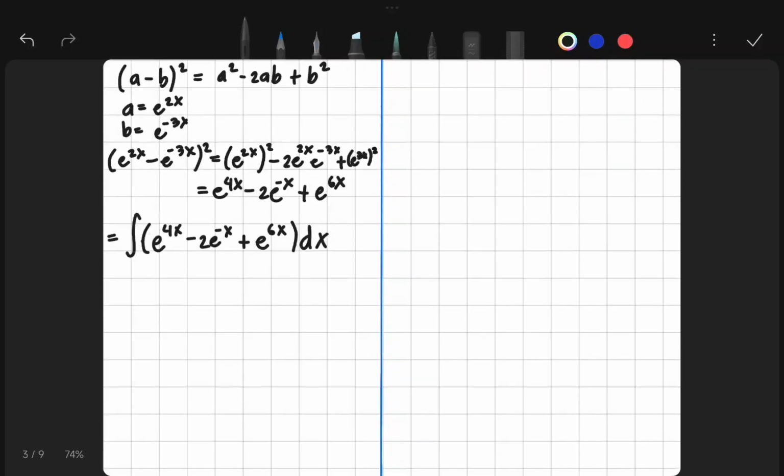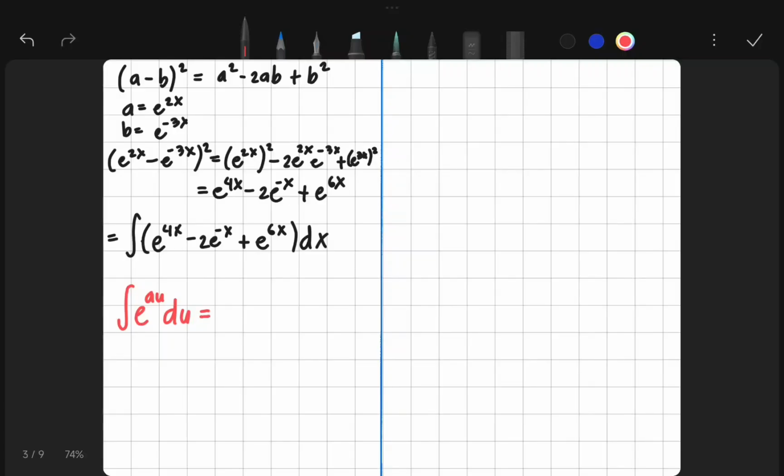This, guys, I have a trick for a general integral. So we know that the integral of e raised to u du is equal to e raised to u plus c, right? But what if you have a constant, let's say the integral of e raised to au du, where a is the constant term.